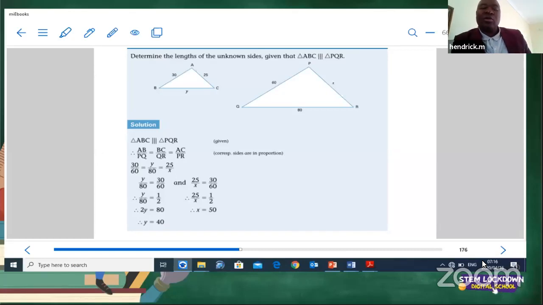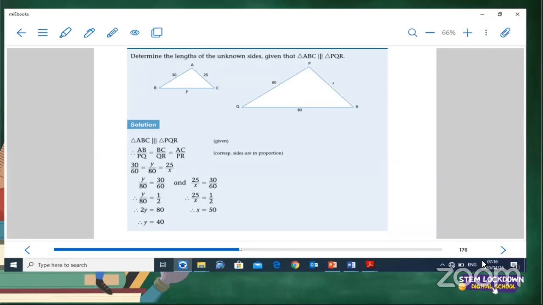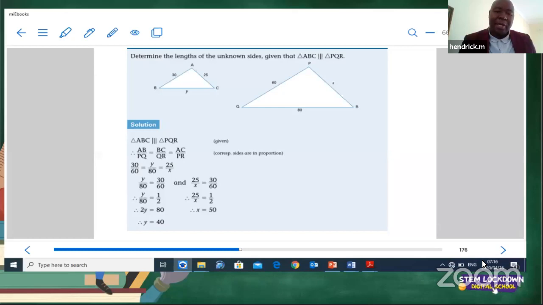And of course, your starting point will be that since triangle ABC is similar to triangle PQR, and that is the given information, therefore AB over PQ is equal to BC over QR, which in turn will be equal to AC over PR.